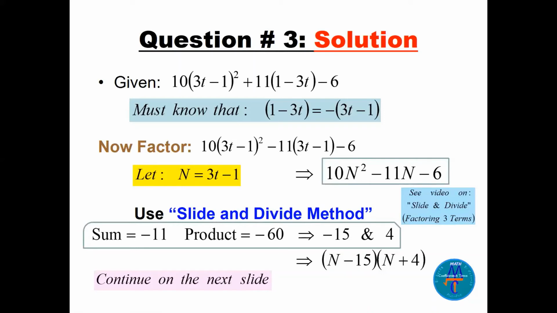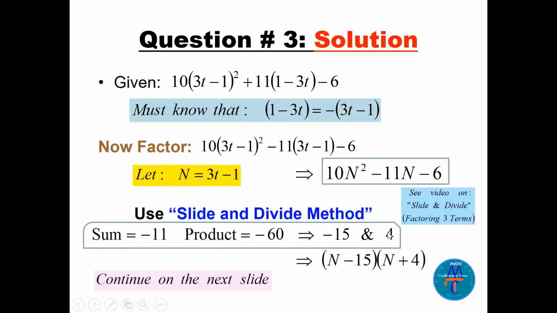Slide and divide: I take the sum here in the middle, minus 11, and then I slide the 10 here, and 10 times minus 6 is minus 60. What are the two numbers? Only two numbers. Their sum is minus 11, and their product is minus 60. Well, you have to play with the numbers, use pen and paper, and then find the two numbers. They are minus 15 and 4.